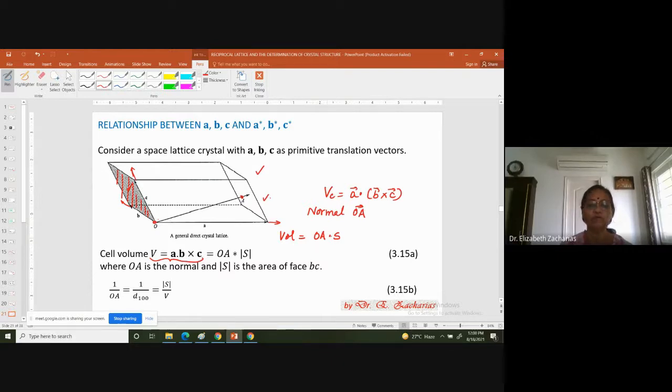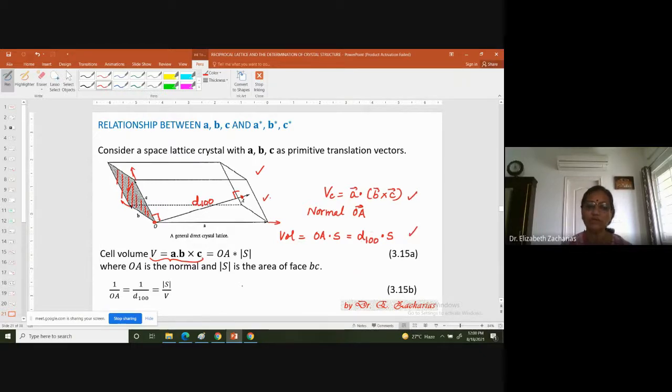Now, you know that the perpendicular shortest distance between the two parallel planes is d100. OA is d100. So what we can see here is the volume is d100 into S, where S is the area of the base. Let's equate these two.